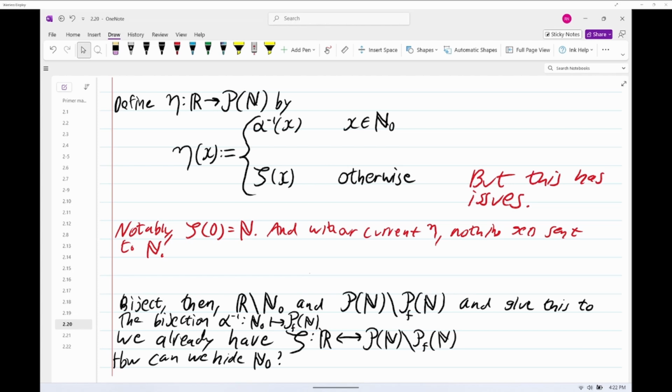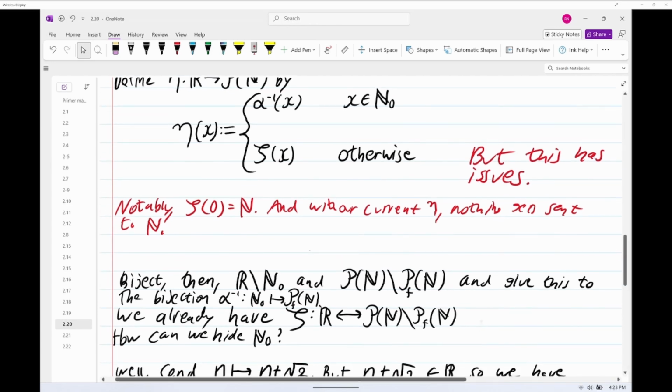So I want to biject R without N naught onto P(N) without Pf(N). Then I can glue that bijection with alpha inverse, since the domain and codomain will be disjoint. So our two bijections aren't going to fight with each other over where to send any elements. Does that make sense? Yes. Okay.